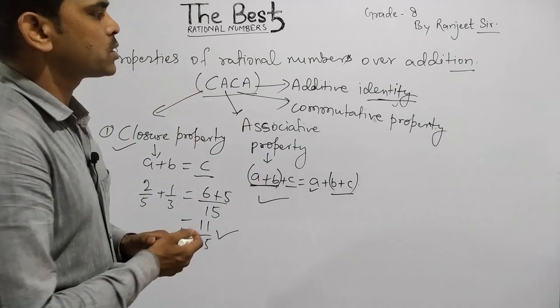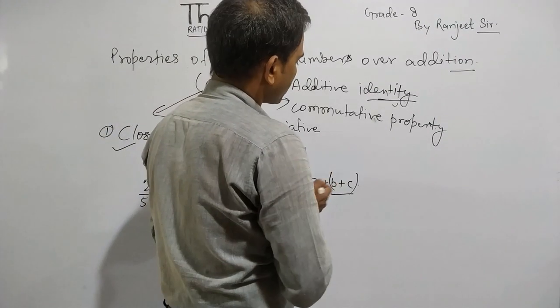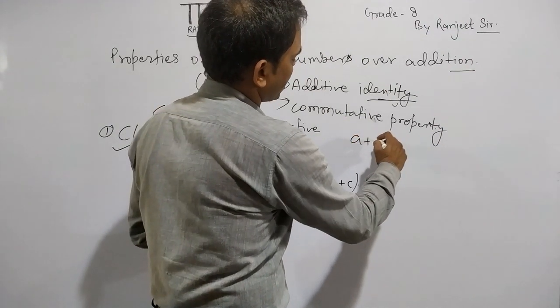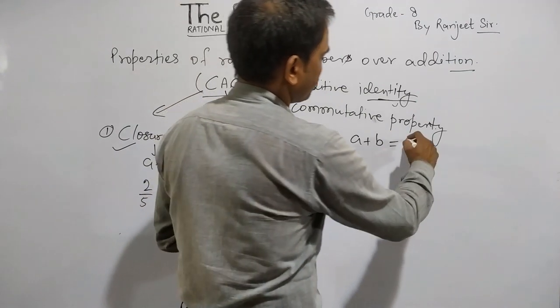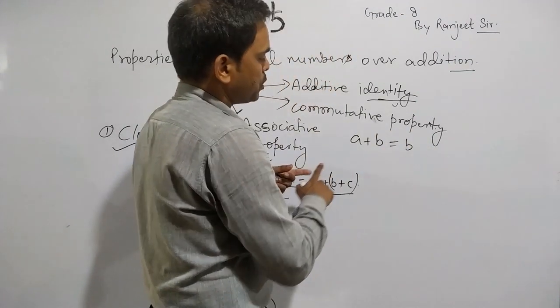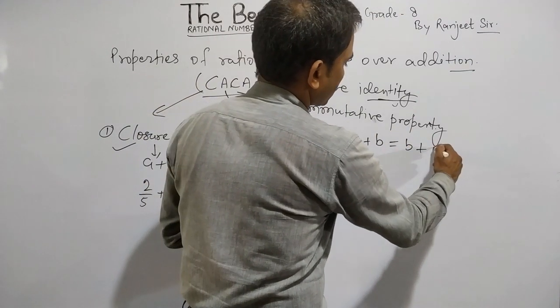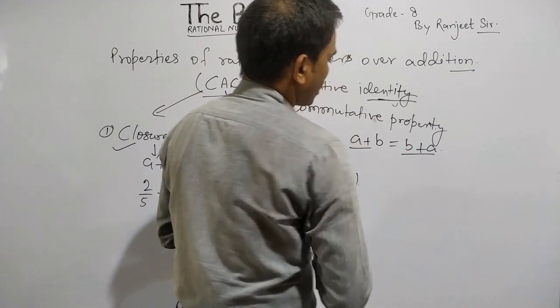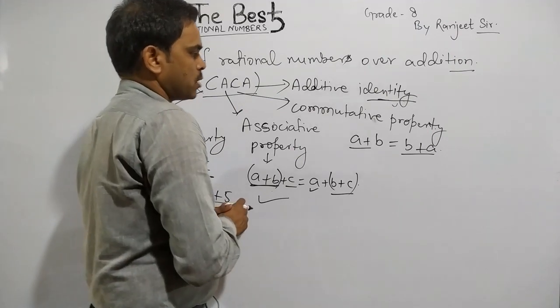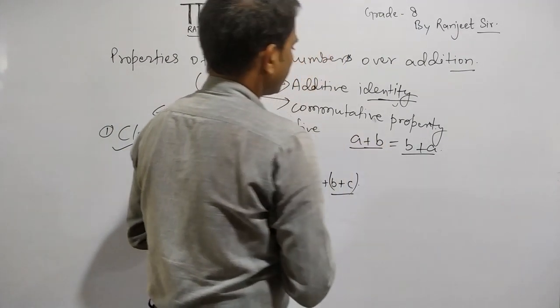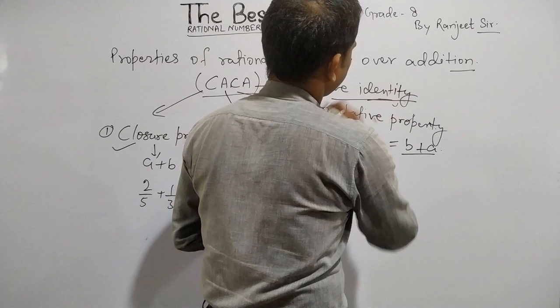The next one is commutative property. Commutative property says that if I add two rational numbers in any order, either a plus b or b plus a, in both conditions we are going to get the same rational number, and of course it is a rational number only. Next one is additive identity.